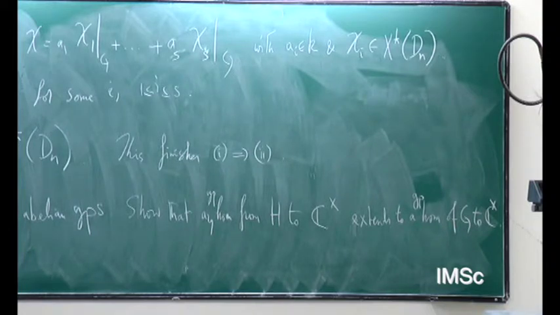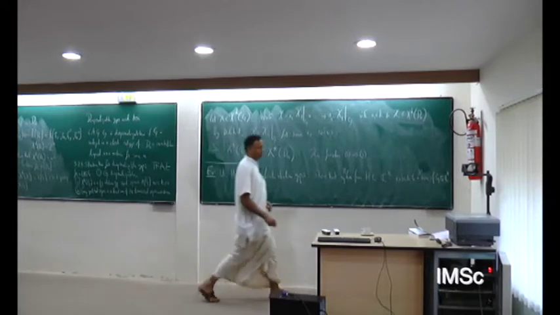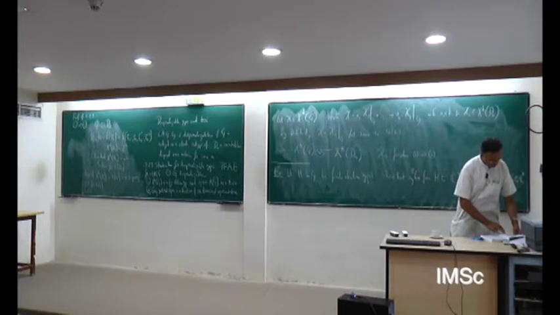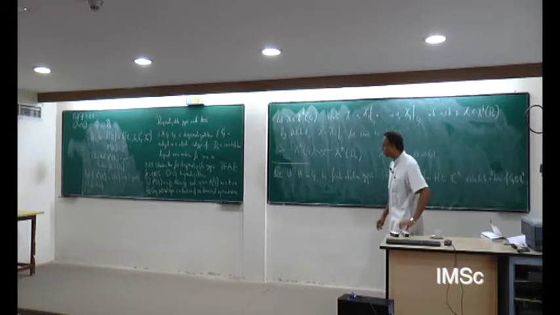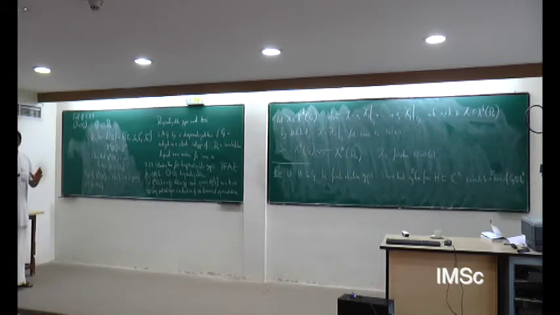Let's see, 2 implies 3. That's the part that is really hard. 2 implies 3 is the most difficult part, and we'll follow the proof of the book.